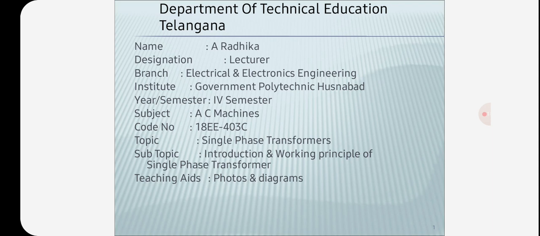So these transformers are basically very important to the electrical branch. Today we will discuss single phase transformers.